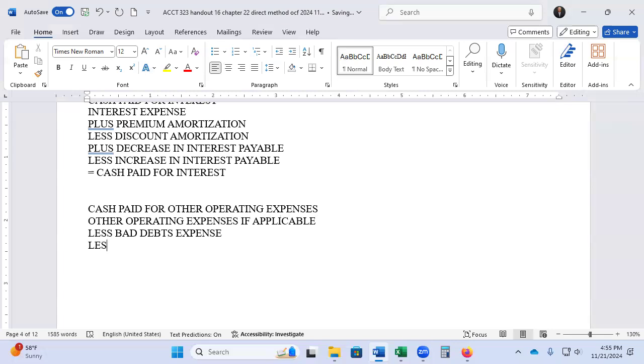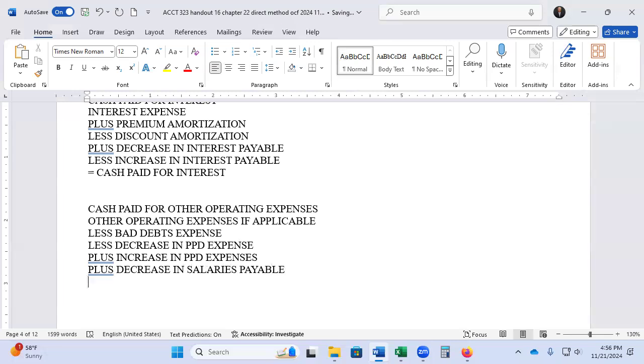You subtract a decrease in prepaid expenses, plus an increase in prepaid expenses, plus decrease in salaries payable, less an increase in salaries payable, equals cash payments for other expenses.